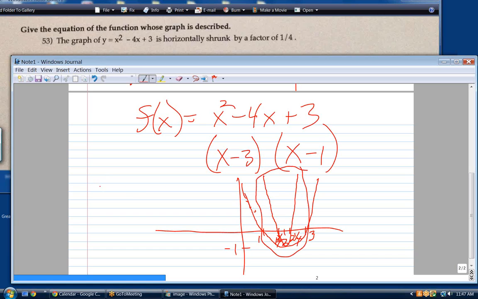Wow. So that is x minus 1 3/4 times x minus 2 1/4.